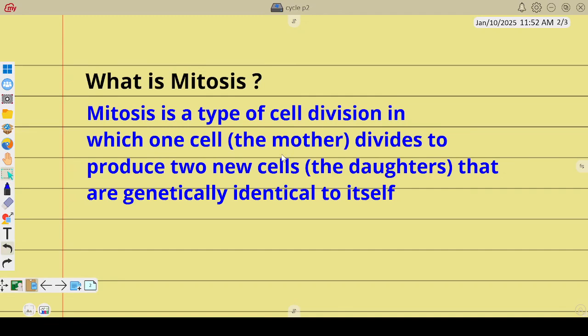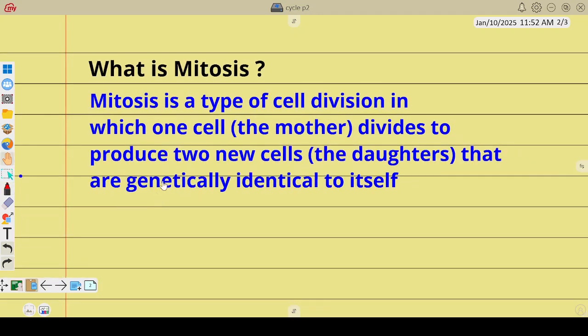Mitosis is a type of cell division in which one cell, the mother cell, divides to produce two cells. We're going to have the mother cell producing two daughter cells, and those daughter cells will be genetically identical. So this is the whole thing on mitosis.